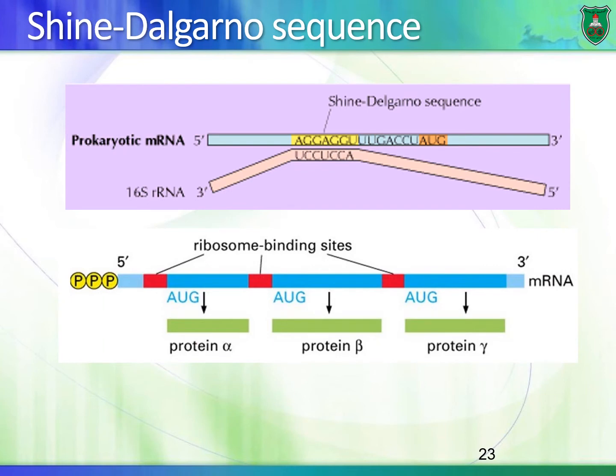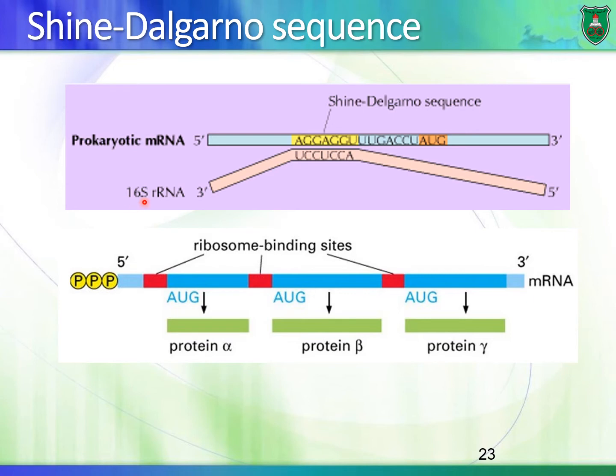So how do ribosomes know where they should start translation in a polycistronic messenger RNA? Well, there's something known as the Shine-Dalgarno sequence. And this Shine-Dalgarno sequence is complementary to a sequence that exists in the ribosomal RNA of the small ribosomal subunit.